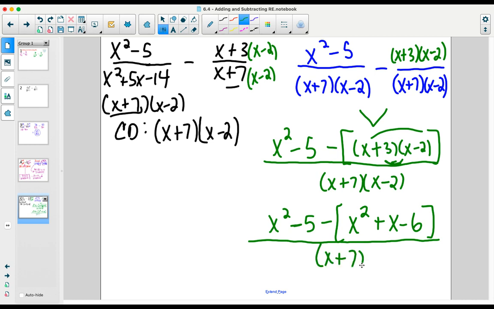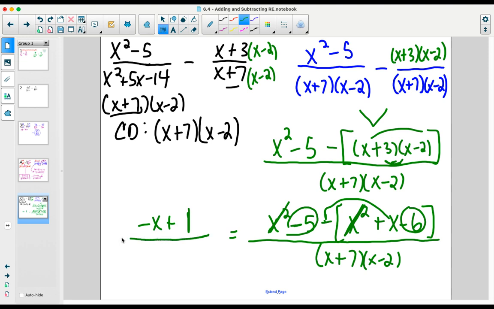Again, keeping the same denominator. We clean up our numerator: x squared minus x squared simplifies to 0. Negative 5 minus negative 6 simplifies to 1, and negative x is a term that's still there.